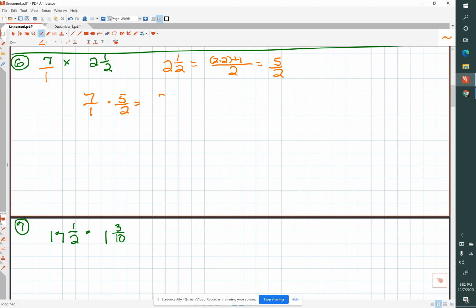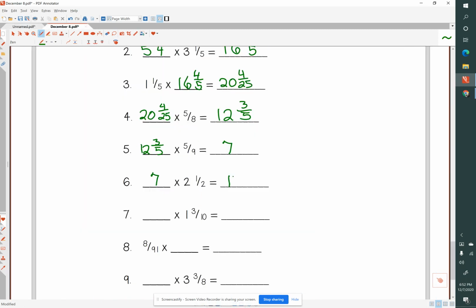There's nothing to simplify. That comes out to 35 over 2. 35 divided by 2 is 17 with 1 left over. So 17 1/2. And we'll put that on the line for number 7.